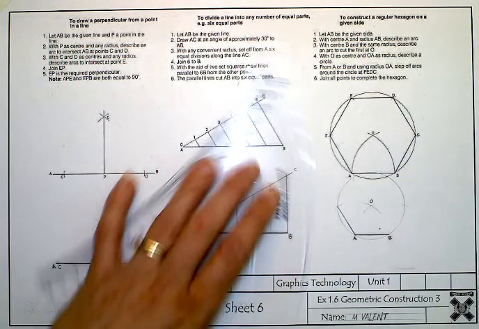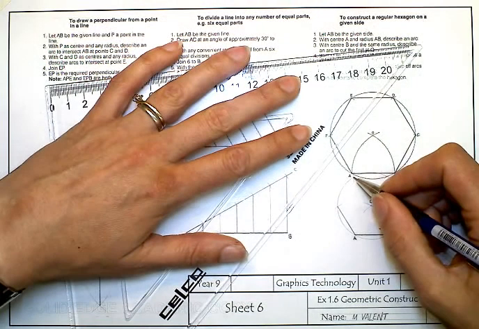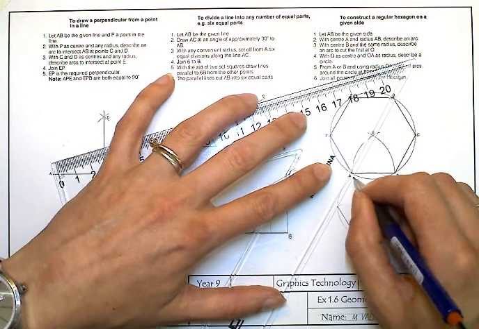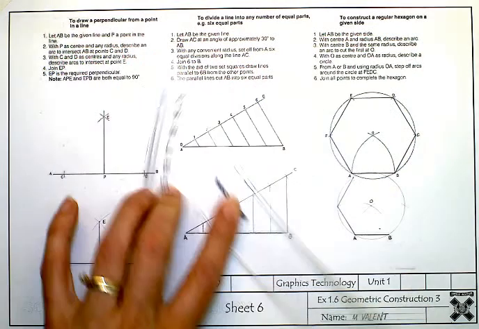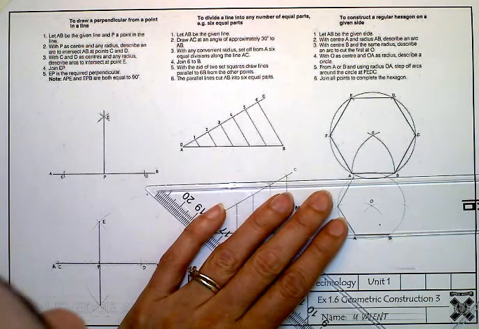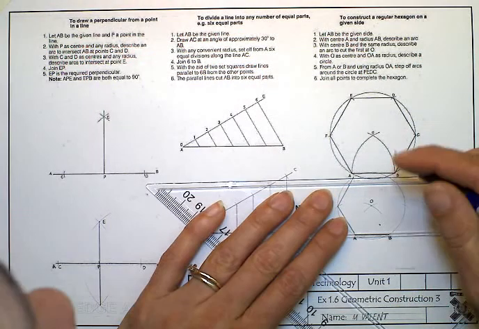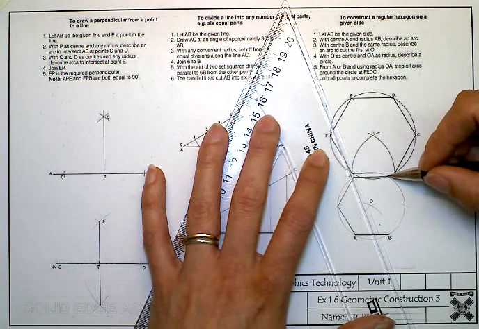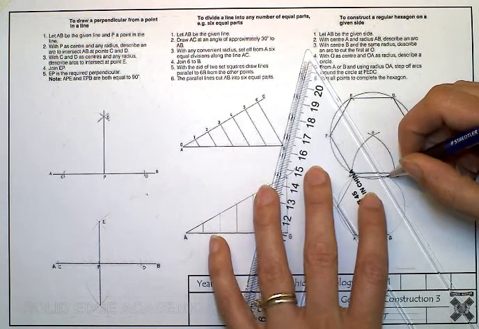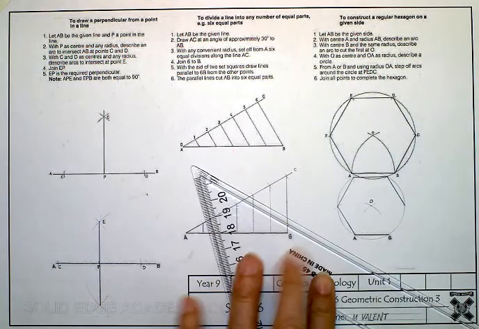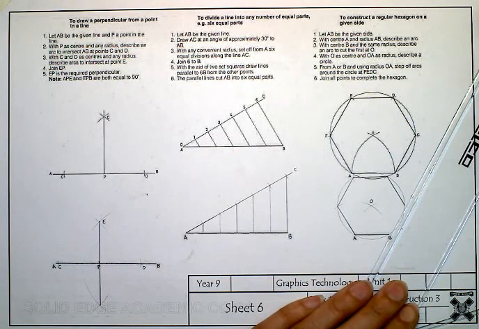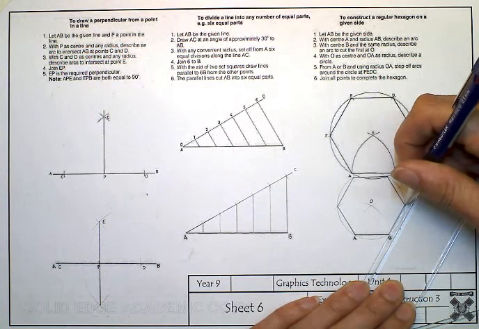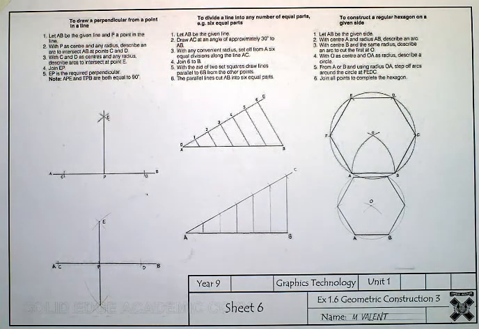Make sure your final hexagon shape is firmed in darker than your construction line, so the intended outcome is clear as opposed to just constructing it. Last one. And there you go. You have a regular hexagon on the given side AB.